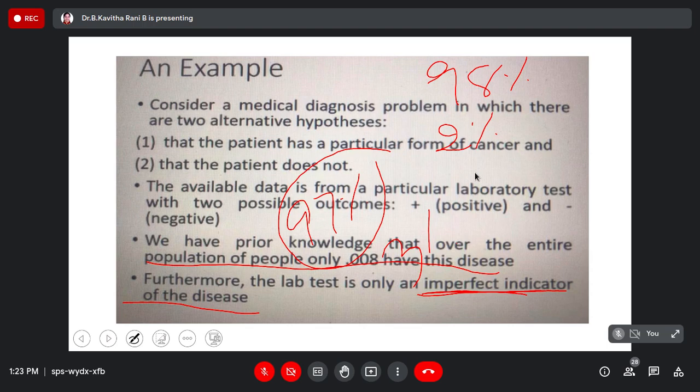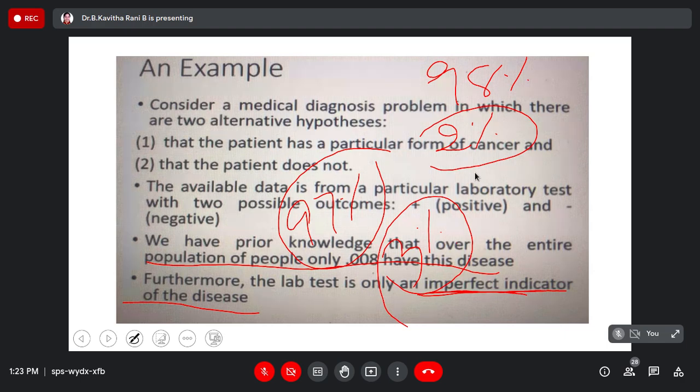Okay, so 3% is wrong. So this is the data which we are having with us. Here 2% it returns positive result, and 3% it returns negative result.